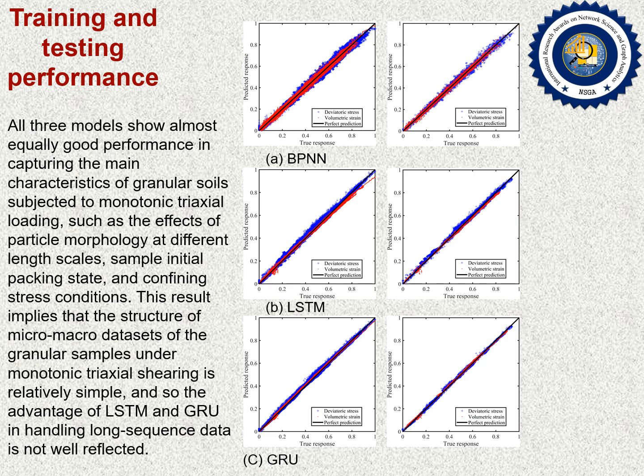This result implies that the structure of micro-macro datasets of the granular samples and the monotonic triaxial shearing is relatively simple, so the advantage of LSTM and GRU in handling long sequence data is not well reflected.